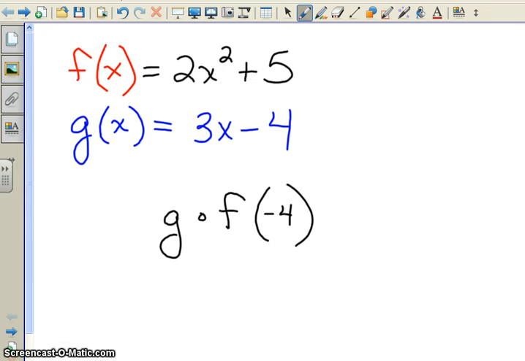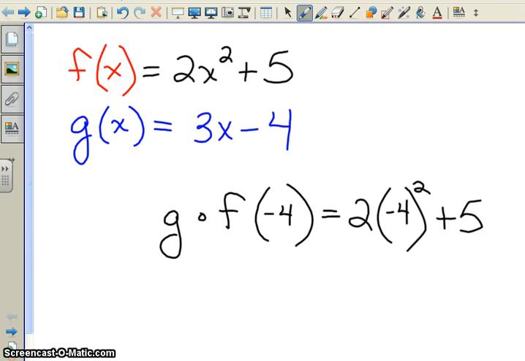Let's try composing these two functions, putting the effects of one function into another. So this expression here says g following f of negative 4. So we need to do f of negative 4 first. So when I plug in negative 4 in for x into our f function, it's going to look like this.